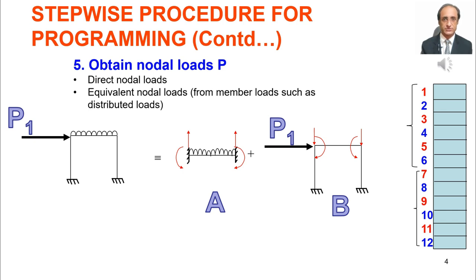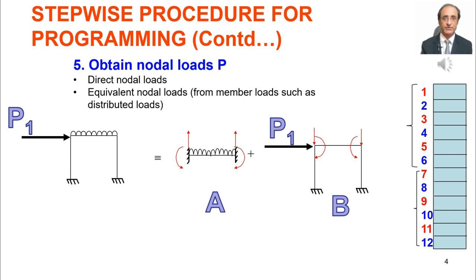So to restore the structure back, we apply equal and opposite of these fixed ended forces on the structure. So this forms now structure B. Basically, we analyze structure B. Structure B has all the forces in discrete form along particular degrees of freedom. So this can be analyzed easily.